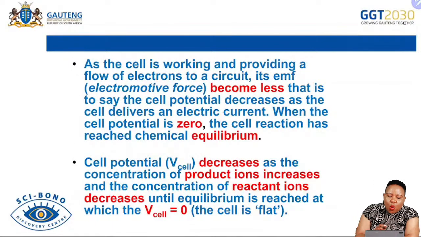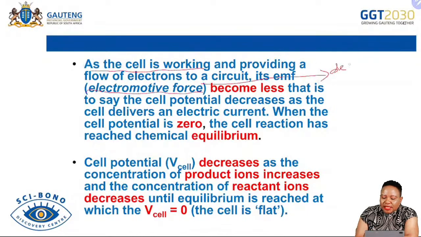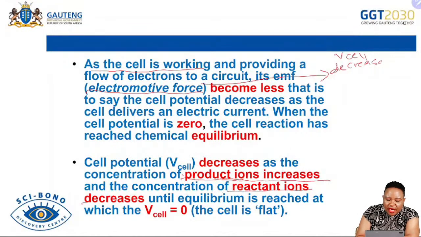Now, when the cell is in operation, we said our V cell, which is our electromotive force, will start to decrease. If V cell decreases, we agreed that it is because there will be an increase in the product ion and a decrease in the concentration of the reactant ion.